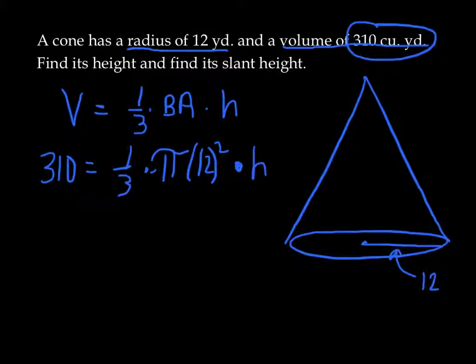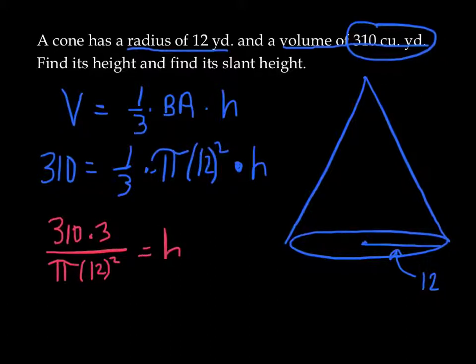To isolate for height, we'll take our 310, multiply it by 3, and divide it by pi times 12 squared. Because multiplying on the right side by 3 cancels out the 1/3, and dividing by pi times 12 squared on the right side cancels out the pi and the 12 squared. Okay, so that's why we multiply by 3, divide by pi, and divide by 12 squared.